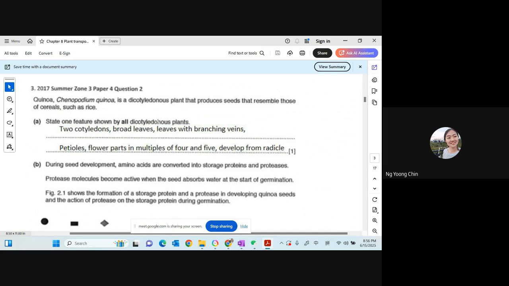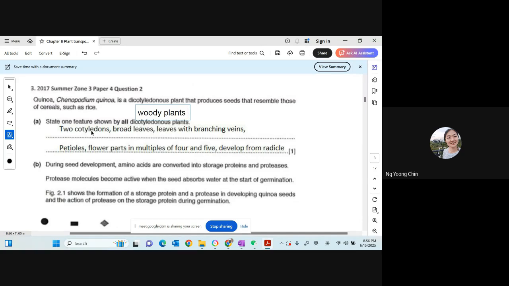And then for this third question, features of the dicotyledonous plants. You should know the difference between monocotyledons and dicotyledons. Dicotyledons are plants related to woody plants, like the durian tree. The characteristic of dicotyledons is they have two cotyledons, so di means two.